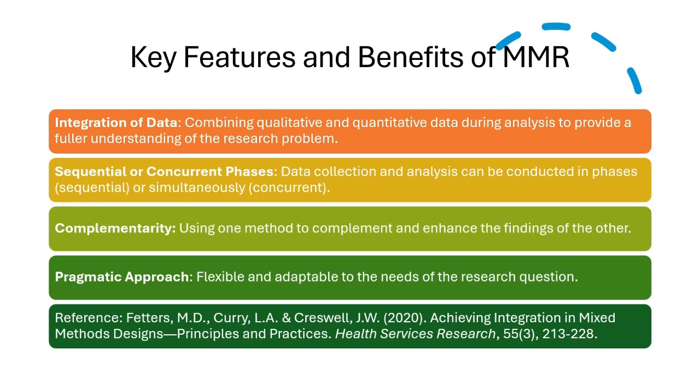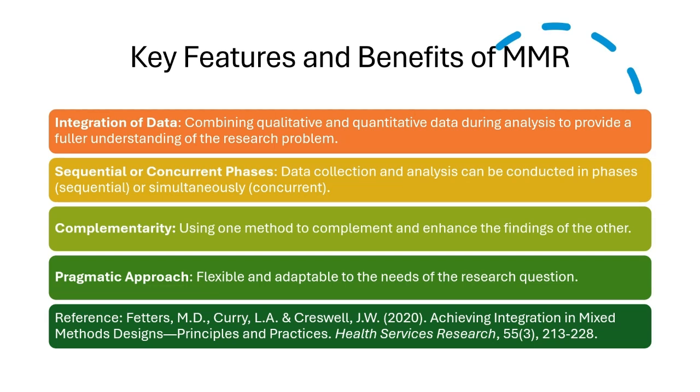So sequential meaning that we can collect, for instance, quantitative data first and then qualitative data, or it can happen at the same time. And these methods are then also complementary, where the one method complements and enhances the findings of others.